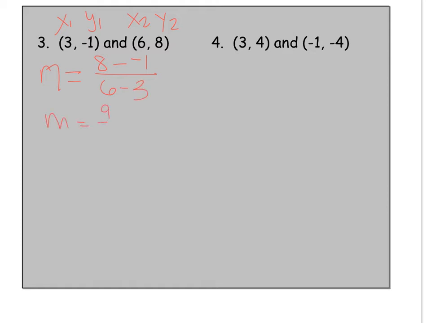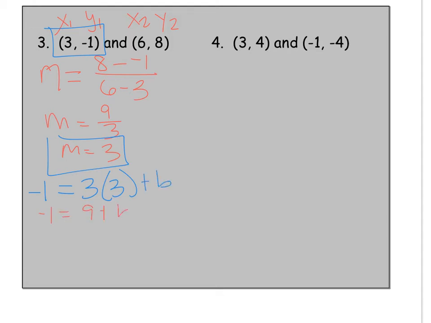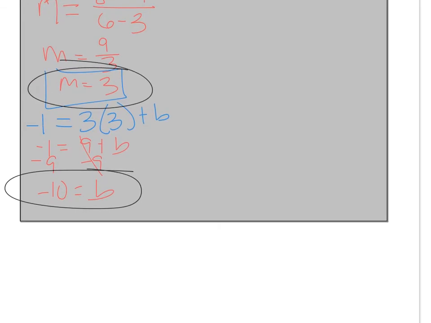Slope is 9 over 3 for a slope of 3. Given my slope and an ordered pair, I plug in -1 equals slope times x plus b. Solving for b by using inverse operations. And once I know my y-intercept and my slope, I can plug them in. y equals 3x minus 10.